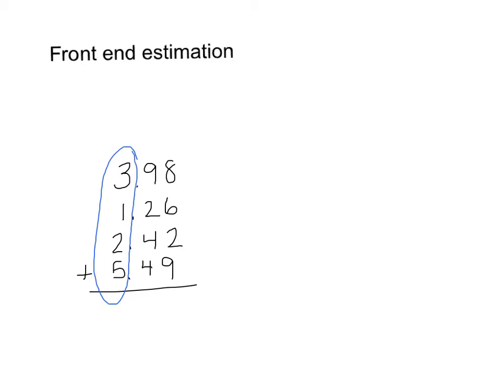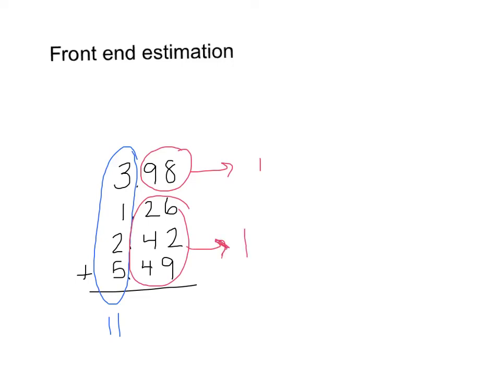And if I were just to add 3 plus 1 plus 2 plus 5, I would get 4, 6, 11. And then I would look at what the decimal places would be. 0.98 is basically another 1. And then I can look at .26, .42, and .49. Very roughly, I could say that's like another 1.